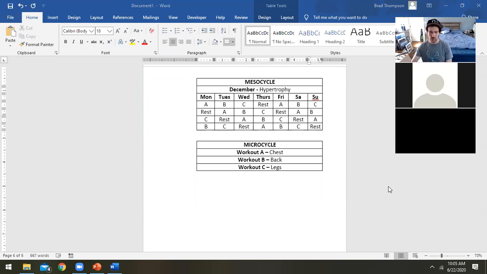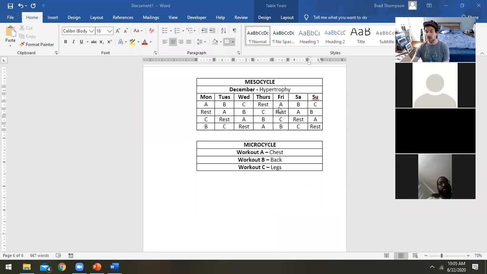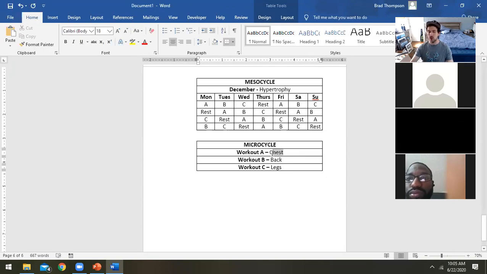There we go. Whew. I know that got complicated, but here's a staggered version, right? 3 days on, 1 day off, 3 days on, 1 day off. This is arguably one of the best routines in the weightlifting world. And we're saying chest, back, legs, but honestly, it fits a lot better when you call it push, pull, legs.